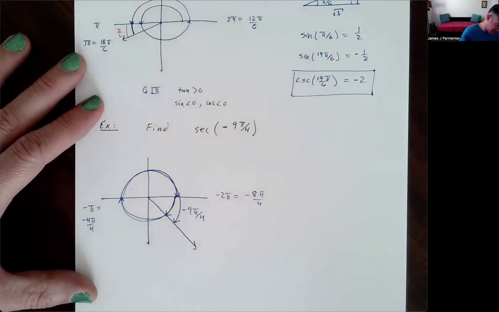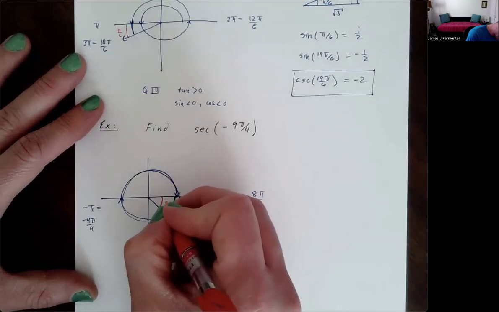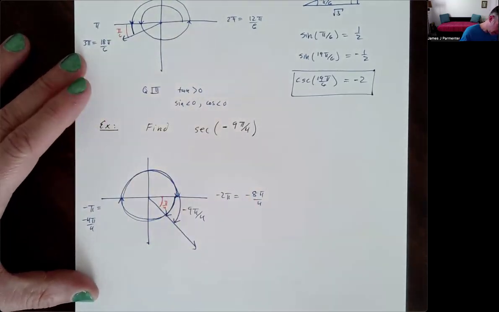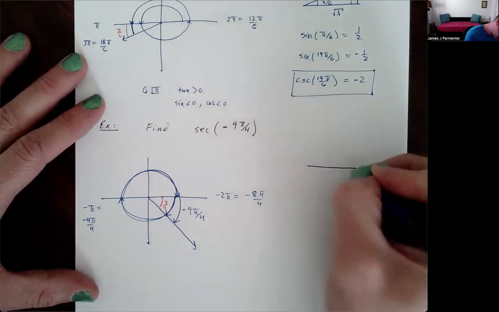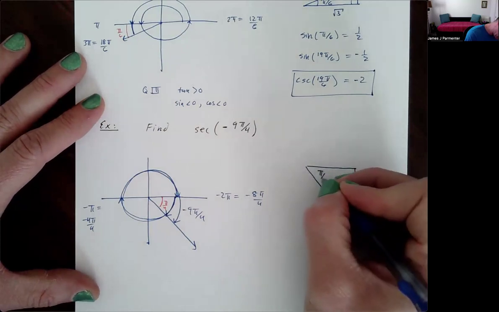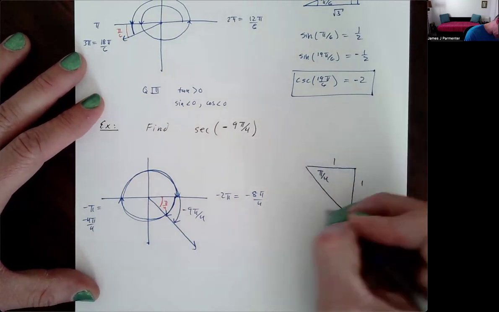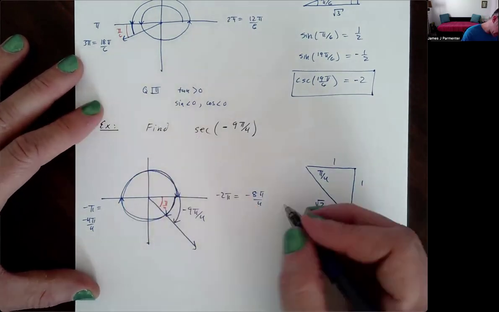And my reference angle is clearly pi over 4, or 45 degrees. My reference angle is pi over 4, sides are 1, 1, and root 2. Looking for secant, I know the secant is the reciprocal of cosine.